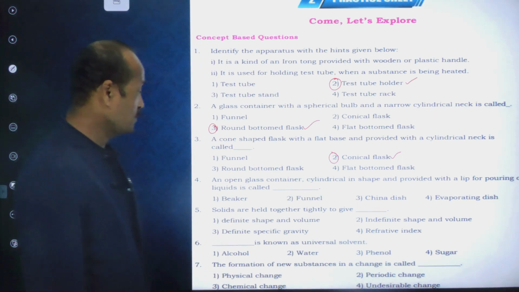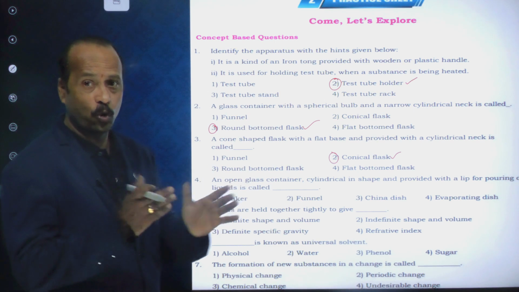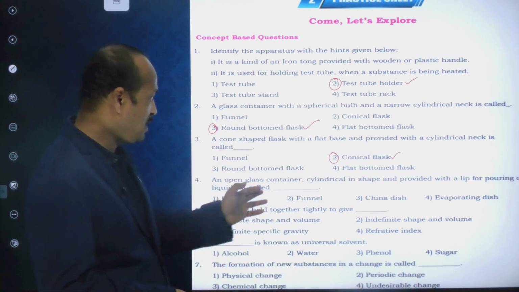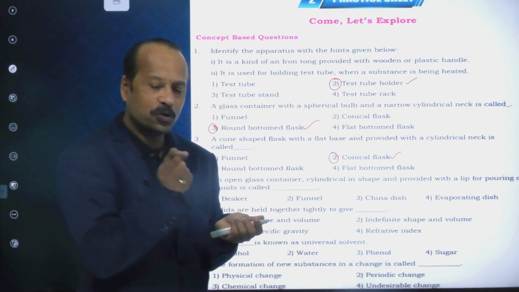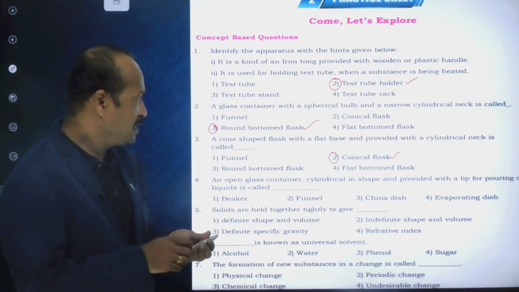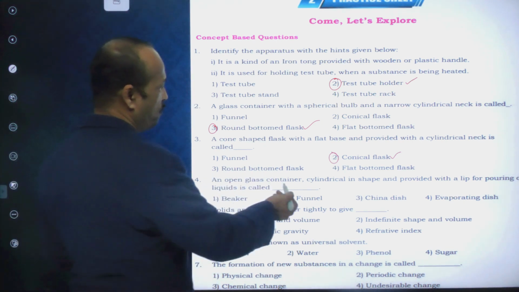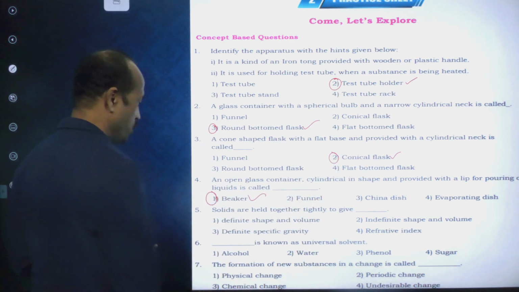Next, an open glass container, meaning one side is closed and the other is open, cylindrical in shape and provided with a small lip for pouring out liquids. Is it a beaker, funnel, china dish? So this is a beaker, students.